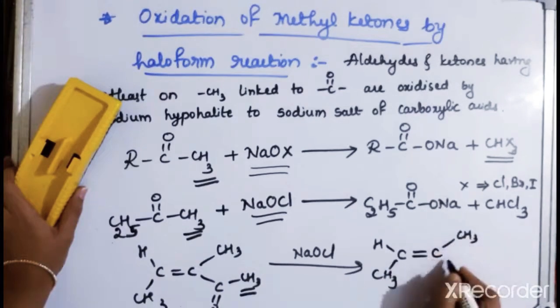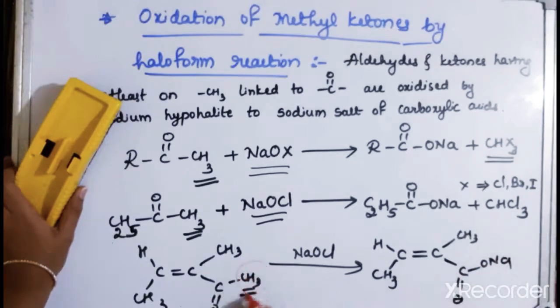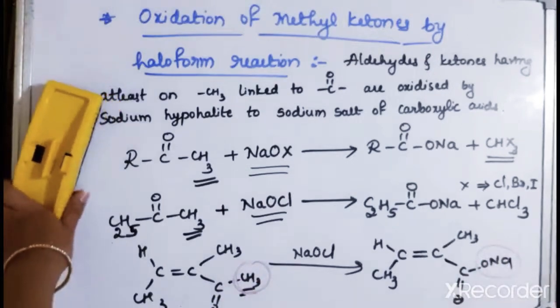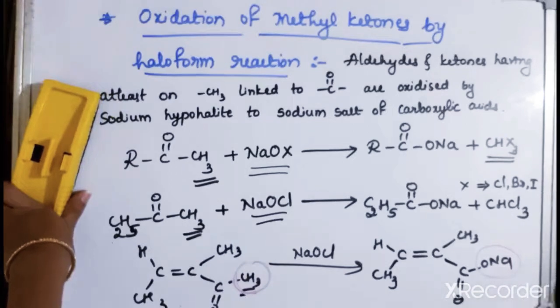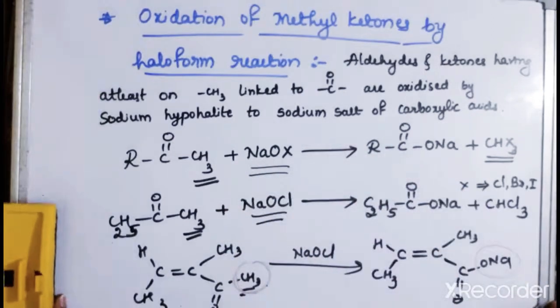So I can write it as COONa. Only this part is subjected for change or the oxidation. It oxidizes to sodium salt of carboxylic acid. Okay, and this CH3 is now converted to chloroform. So this is how the haloform reaction takes place.